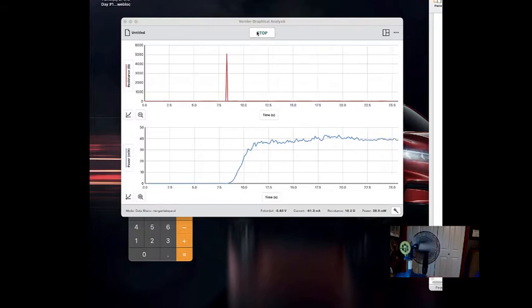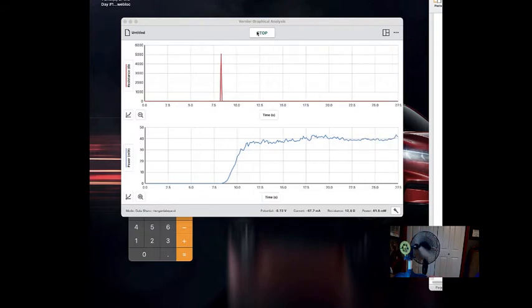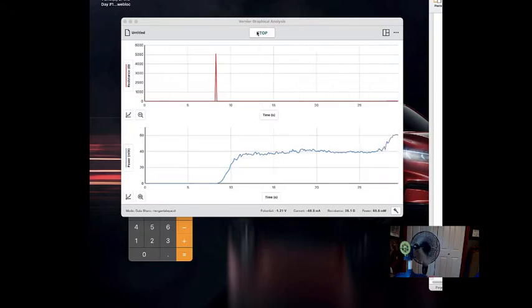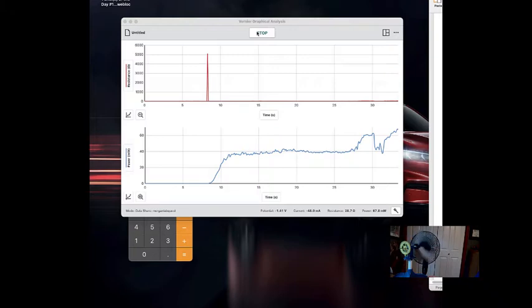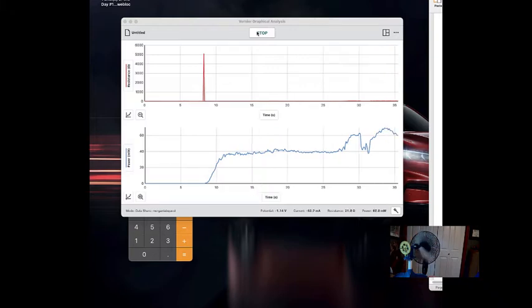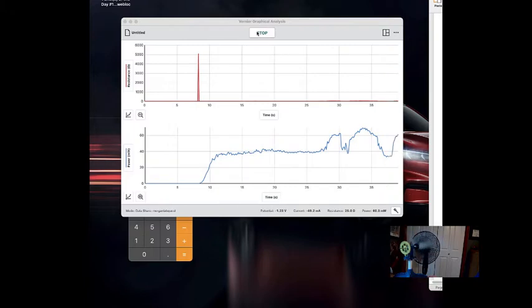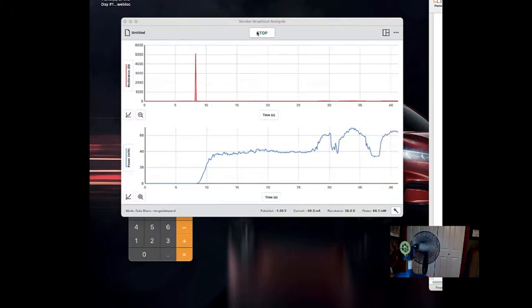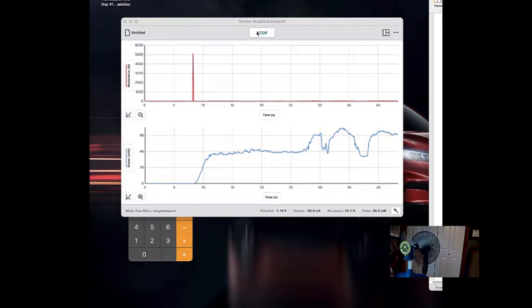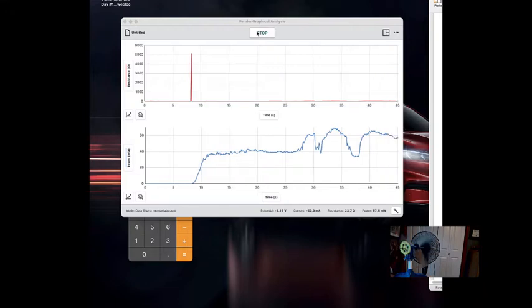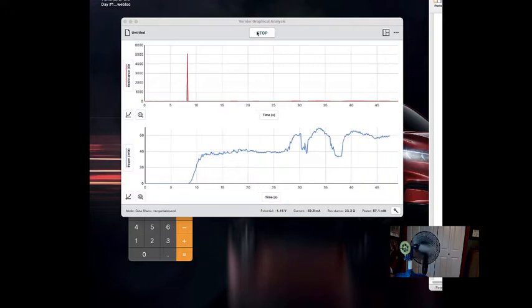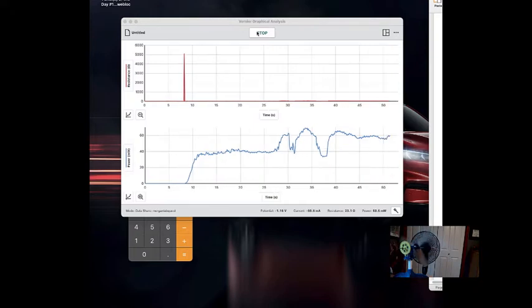So we'll turn that up to about 20. It won't be exactly 20. It'll be impossible to get exactly 20. So turning it up. Best we can do is 23. And our power is actually 59.